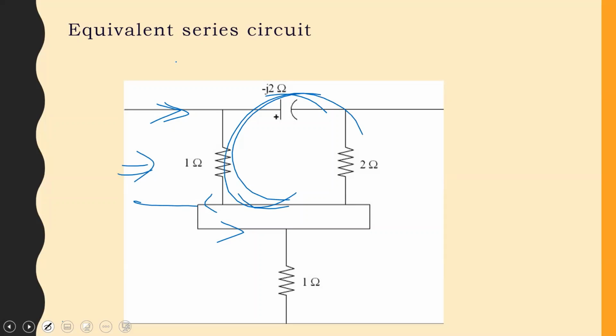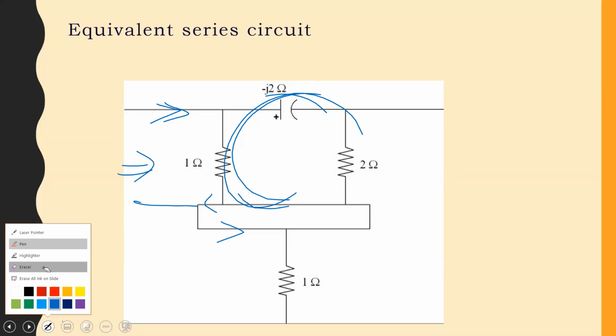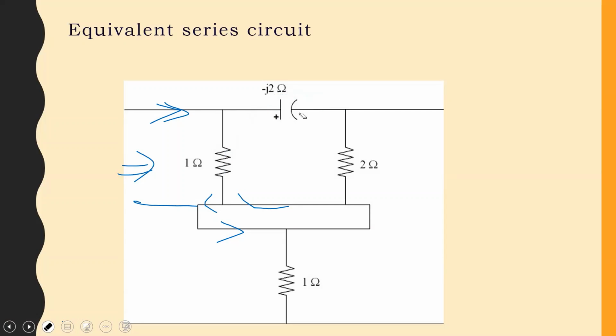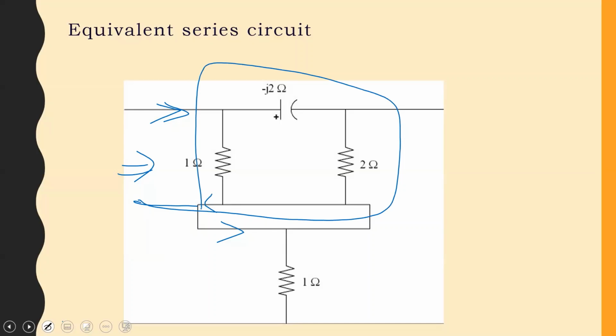So we're looking into the upper port. What would Z11 be equal to? Come on, folks. The one in series with one. So there's 1 plus 1 plus 2. Come on, this is the network we're looking at, you know.